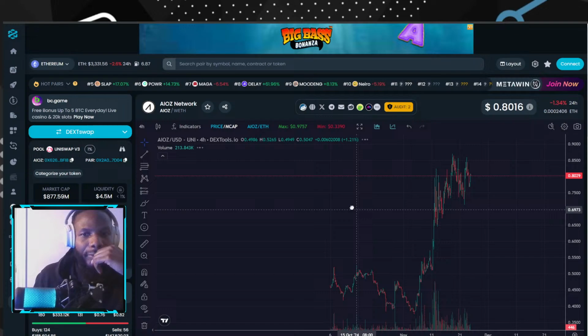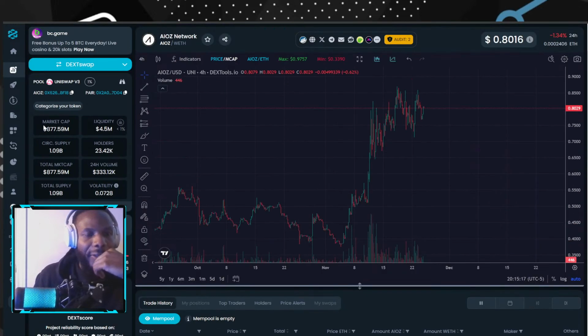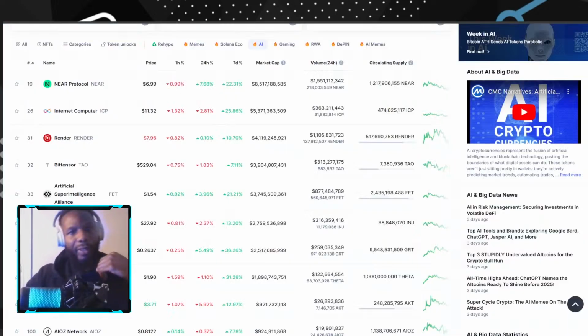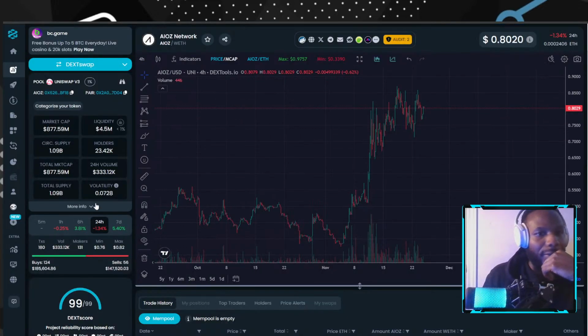I'm not even really paying attention to the chart. I was just going to talk about this area here. On the left here, let me move myself back. You can see the market cap of whatever the project is, and you can see how much money is in the project, the liquidity.